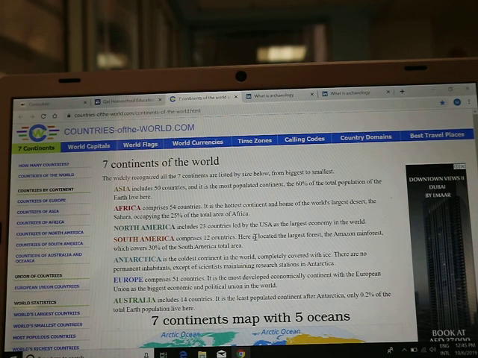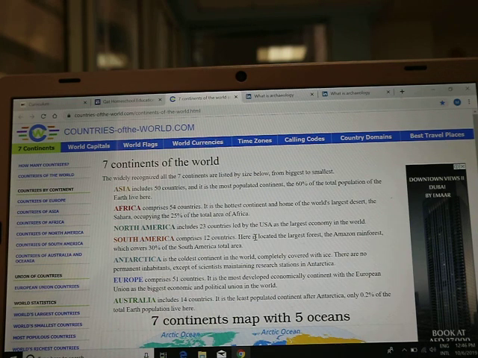The biggest and the most populated continent is Asia. It has 50 countries. But the continent that has more countries is Africa, with 54. And Asia is the most populated.